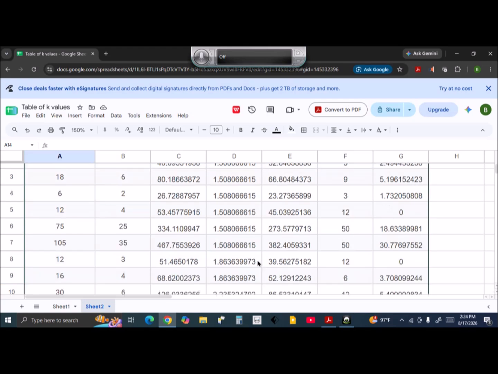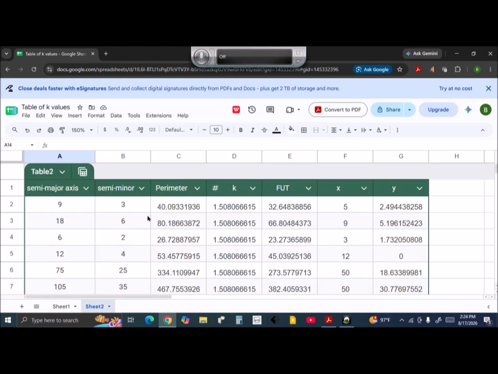And so that is an interesting thing. Why? Because even though we have been using a calculated perimeter to find K, we had to use a known equation for the perimeter to find K. Once we have found K, then we won't ever have to use that perimeter formula again.